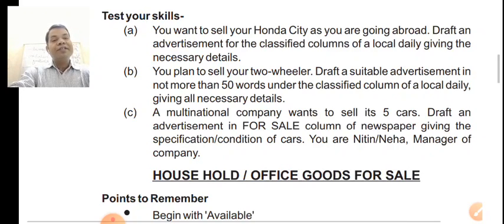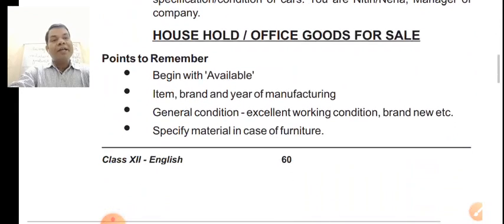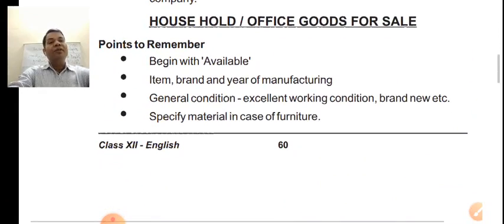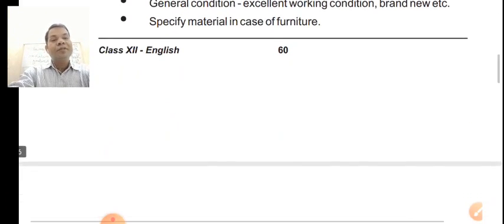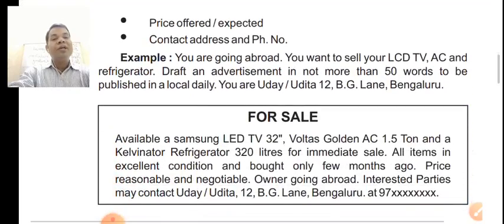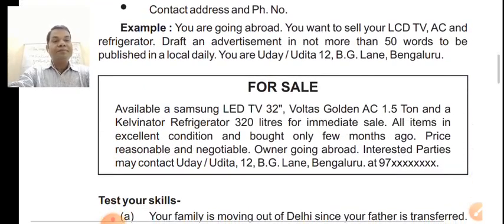After that, we discussed the advertisements which are for selling household office goods. So we went through important points to remember. Then we went through a solved example.